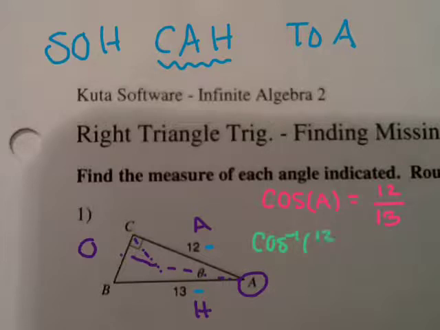So it's going to be the inverse of that fraction, and what you get for your answer is going to end up being your angle. So in your calculator, you're going to hit second, cosine, and type in that fraction. If you round to the nearest tenth, it's 22.6 degrees. So there's the measure of angle A.